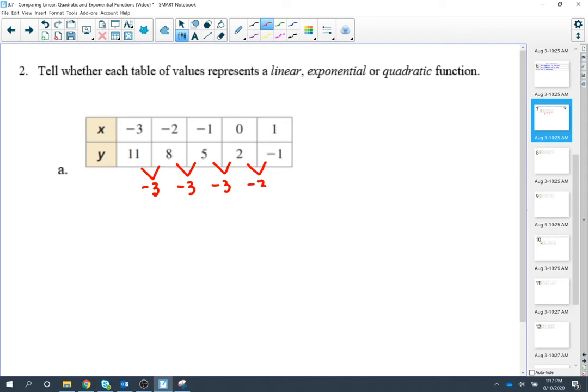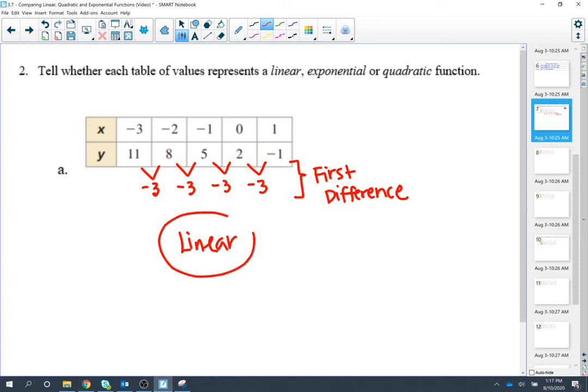Subtract 3. This is called the first difference. And if the first difference is the same, that means we have a constant rate of change. The constant rate of change is -3. Down 3, down 3, down 3, down 3, which means this table is going to represent a linear function.